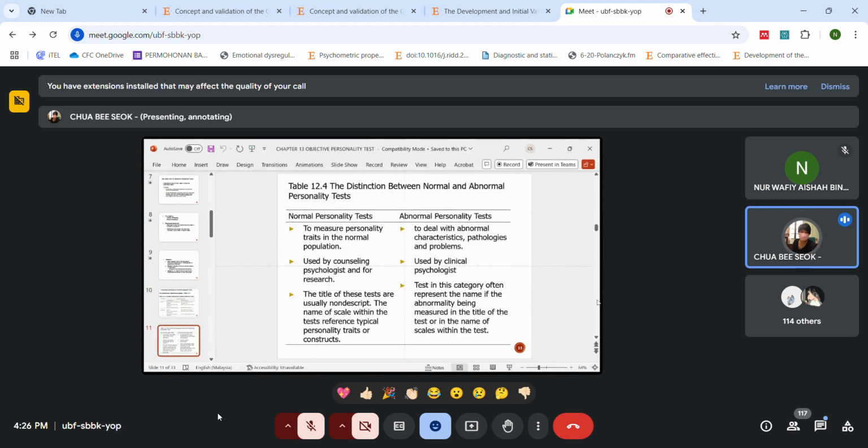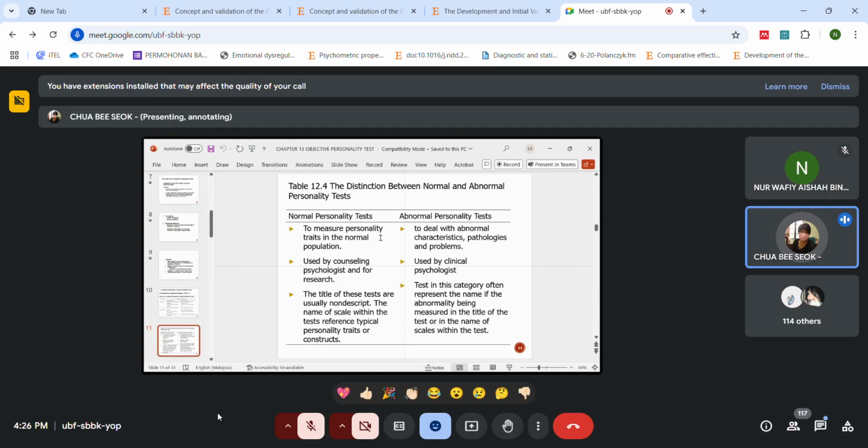Because of the distinction between normal and abnormal personality tests, normal personality tests measure personality in the normal population.